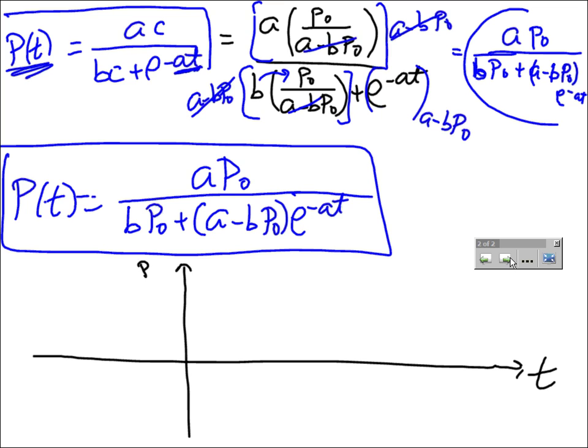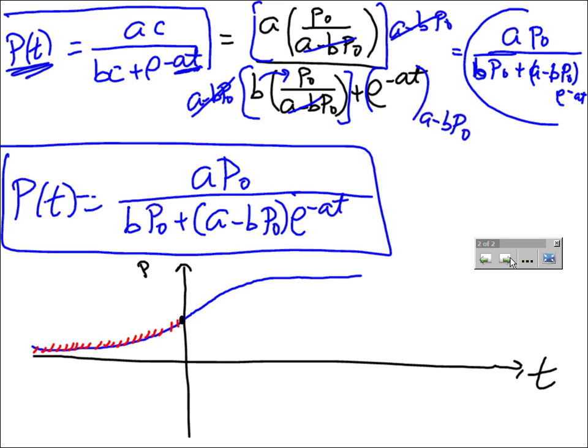So this is t. It turns out that the function goes like this. Goes like that. Of course, we don't really have that part, because what does it mean, population before time started?